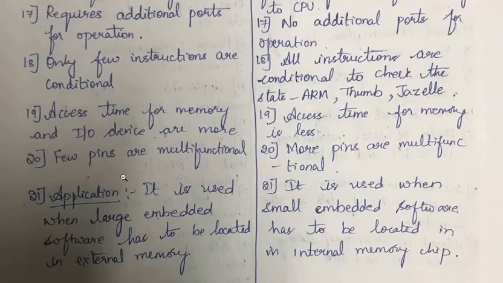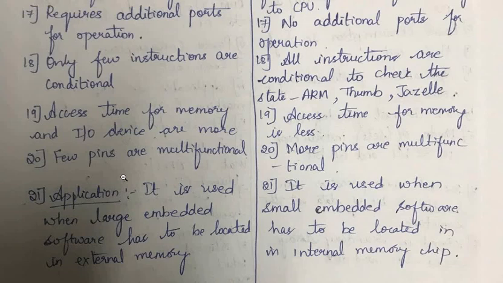In microprocessor, few pins are multifunctional. We have dedicated pins for each and every thing, whereas in microcontroller more pins are multifunctional. Since it is a smaller chip, we club functions into one pin and make it more multifunctional. The best application of the microprocessor is when large embedded software has to be located in external memory.